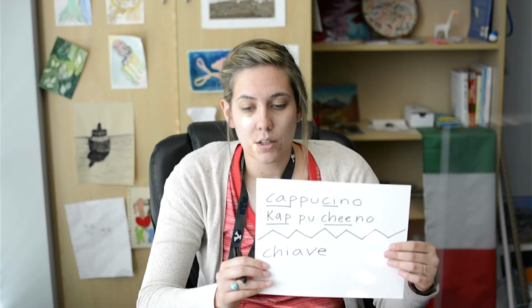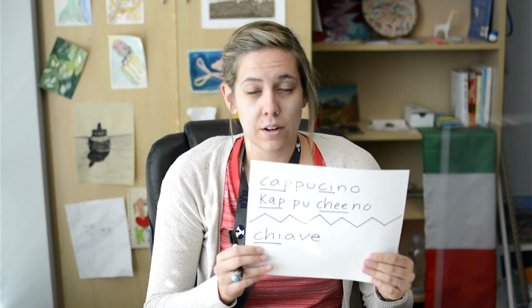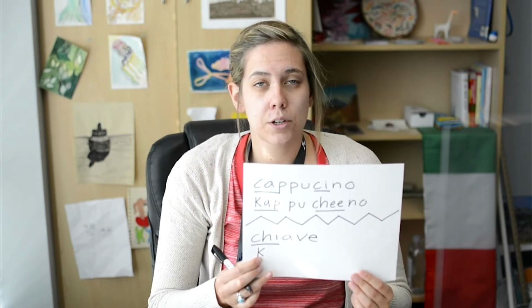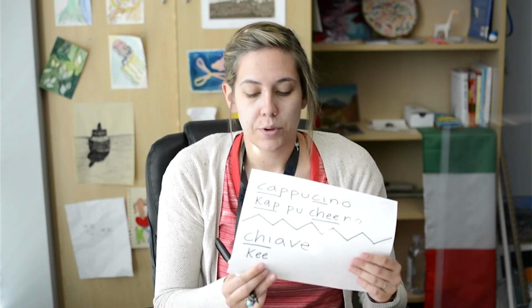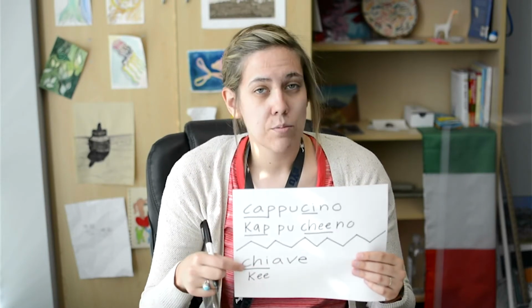The word in Italian for a key, like for your house or your car, is chiave. So we have that CH and an I, and that CH turns into a K sound. And as we already know, the letter I makes an E sound. So we have ki-ave. And this is the same with the letter E.